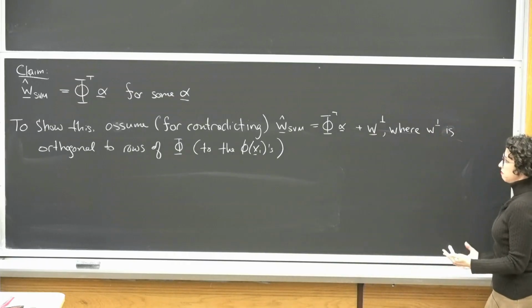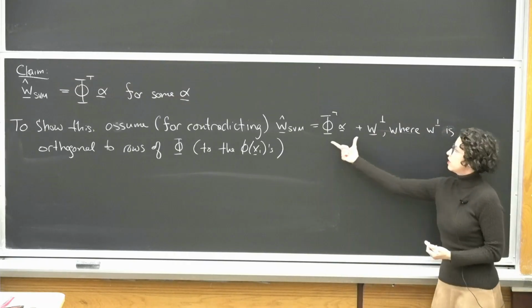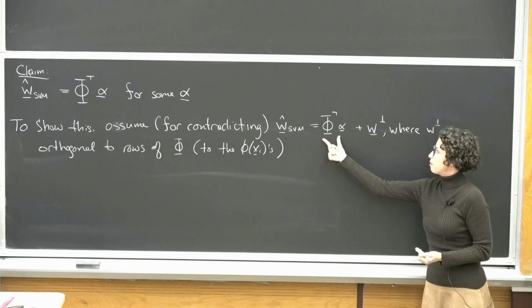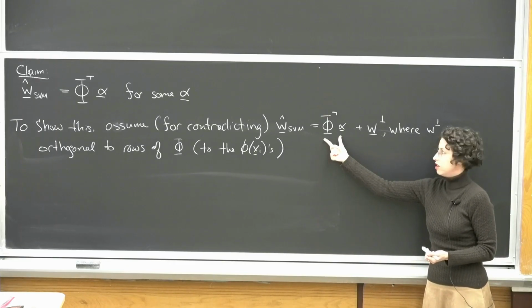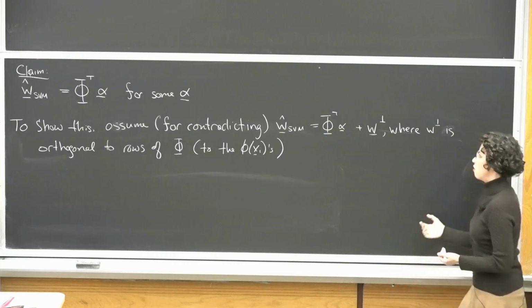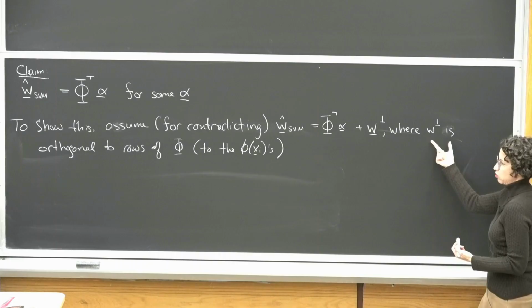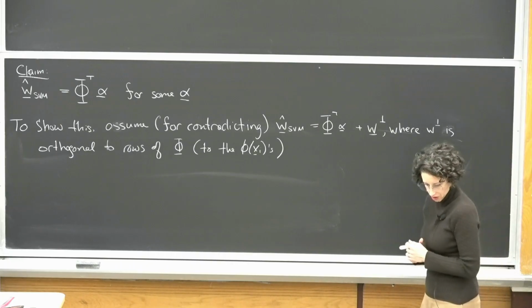And I'm just formally stating what I said verbally up here. So W perp is everything that cannot be represented in terms of the rows of phi. And so in order to say it cannot be represented by the rows of phi, I'm assuming that it's orthogonal to the rows of phi.